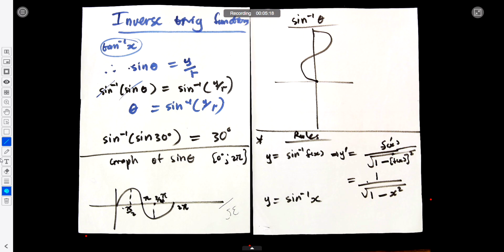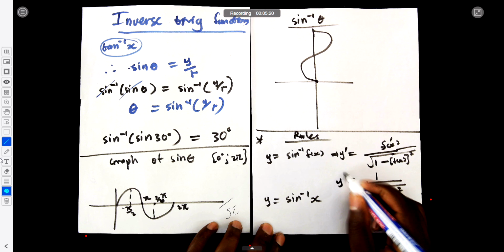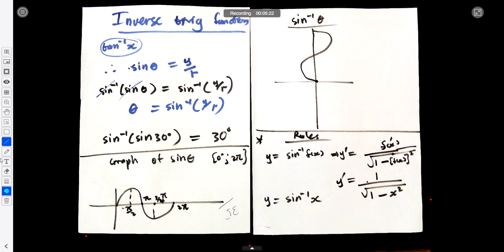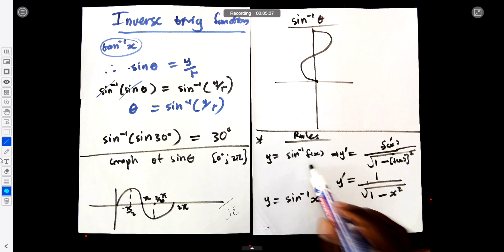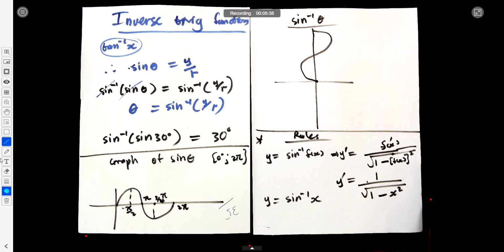If it was x, the derivative will be 1 over root 1 minus x squared. Just check the derivative of x, it's 1, that's why in general it is f prime of x in the numerator. We use f of x in place of functions, because we can have sine x there, or even ln x, or x squared, for an example.